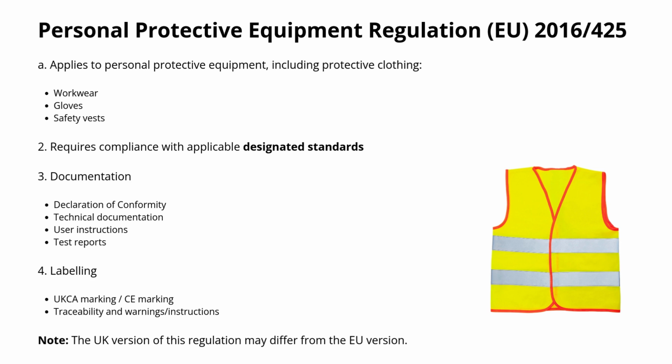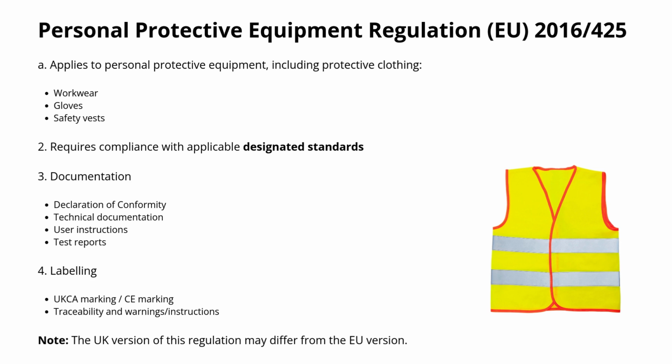Third, you also need documentation. This is generally issued by the manufacturer. That's a declaration of conformity, technical documentation, user instructions when necessary, and also test reports. And a test report is essentially a document that demonstrates that a product was tested according to one or more standards. In this case, that would be a PPE designated standard, and thus verifies compliance.